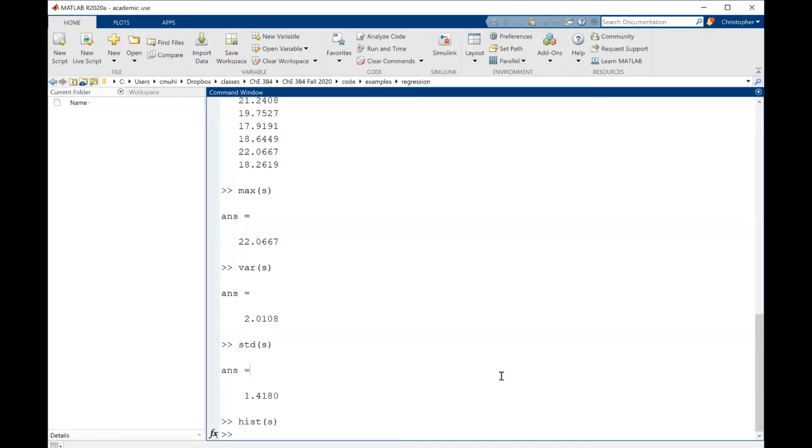If I go back into MATLAB, I can extract information out of that histogram function by asking how many elements are in each bin.